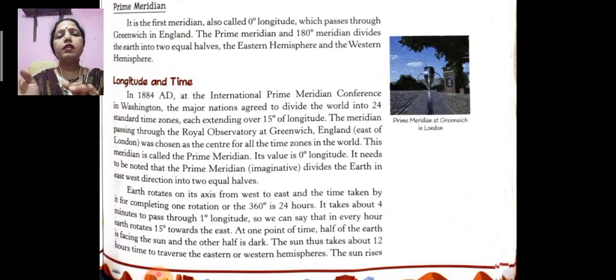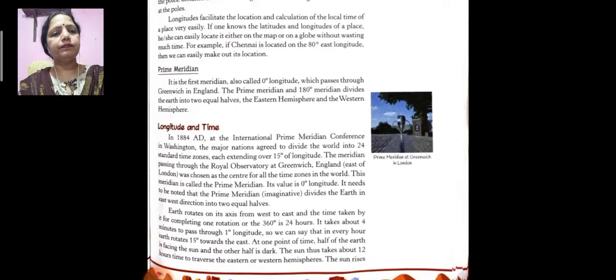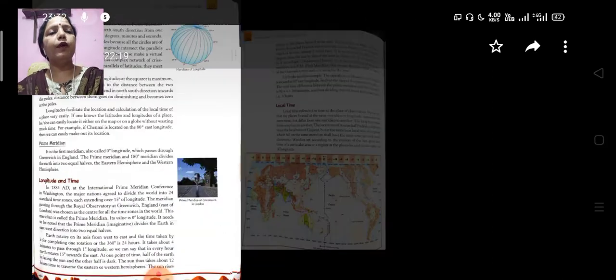Now Earth rotates on its axis from west to east, and the time taken by it for completing one rotation, or 360 degrees, is 24 hours. It takes about 4 minutes to pass through 1 degree of longitude. This is an important fact.